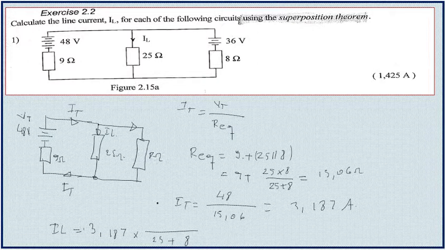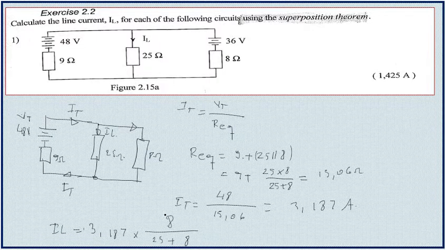I always use the opposite. So I'm gonna put 8 ohm here. If I was calculating the current in 8 ohm, then I'm gonna use 25. I'm gonna have 25 on top, but the denominator will still be the same, 25 plus 8.